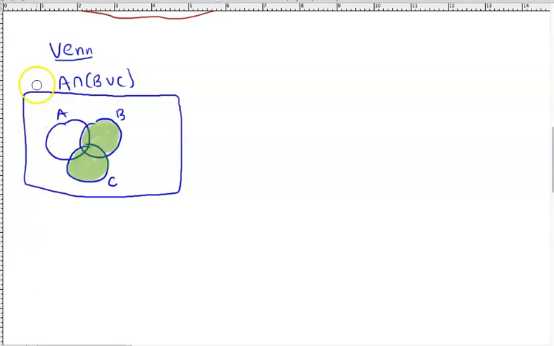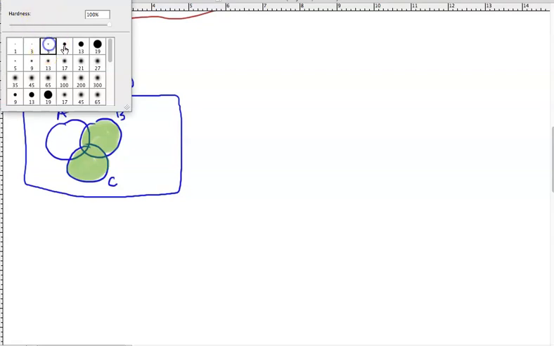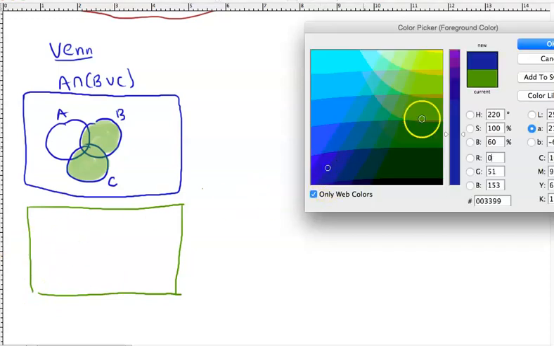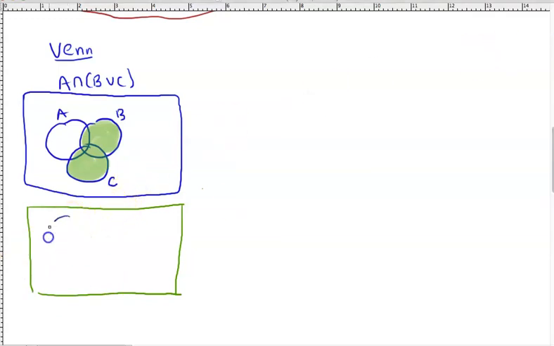Okay, so I'm going to draw another picture. You can kind of see what's going to happen in the same picture, but let's draw another picture. Okay, let me get back to blue. A, B, C. So if I take the intersection of the green with A, we see that that region is these two slivers right here.